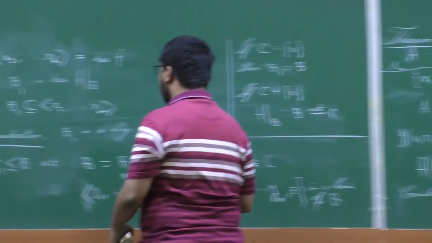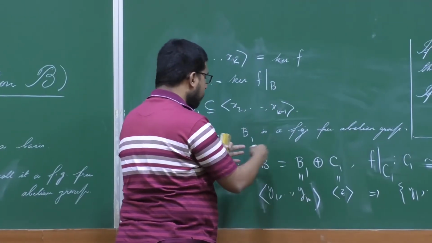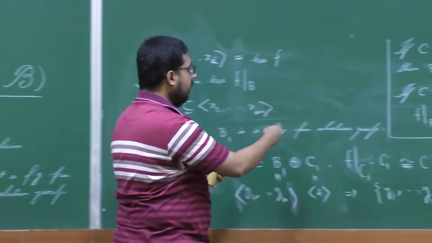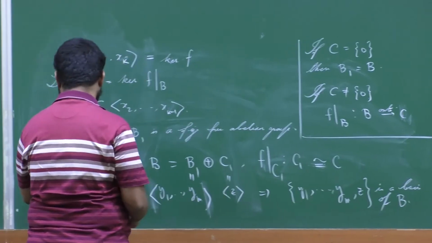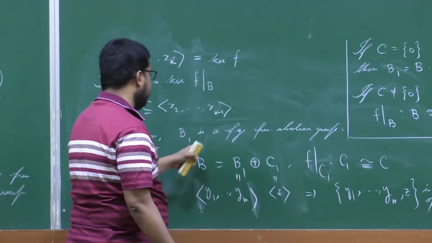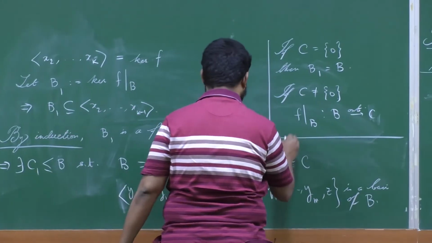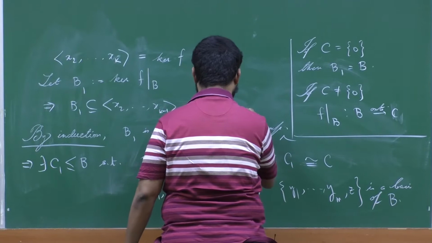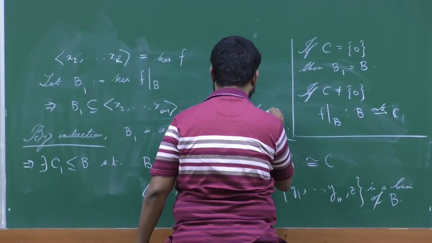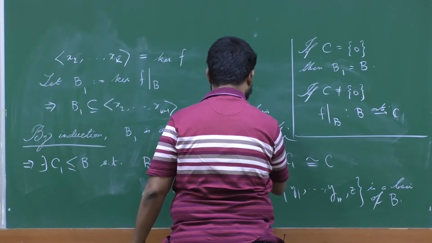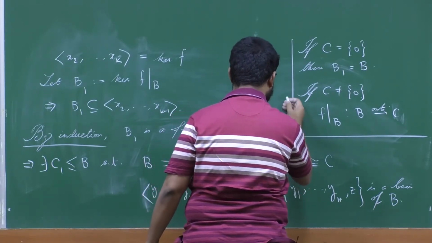The proof is the same, there is no change, but we will just add appropriate things. When we run induction, we can assume that by induction B is a finitely generated free abelian group and has a basis of at most k minus 1 elements.